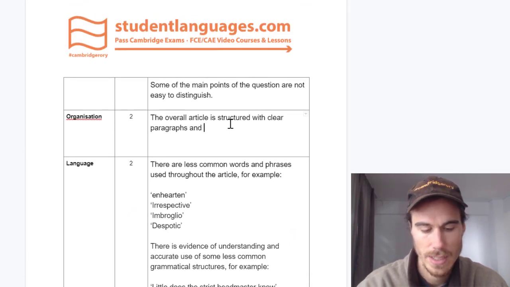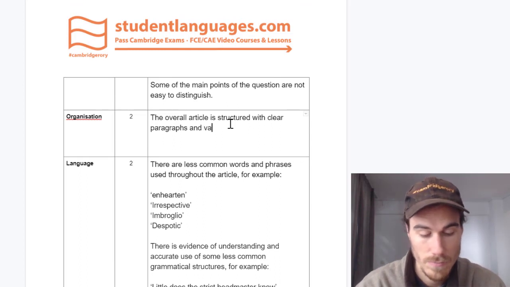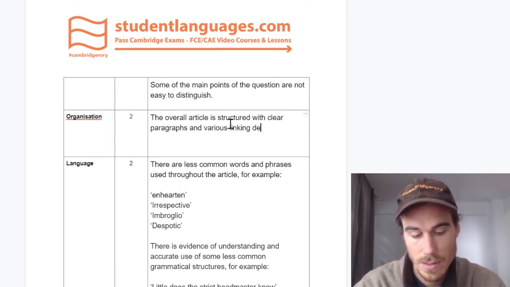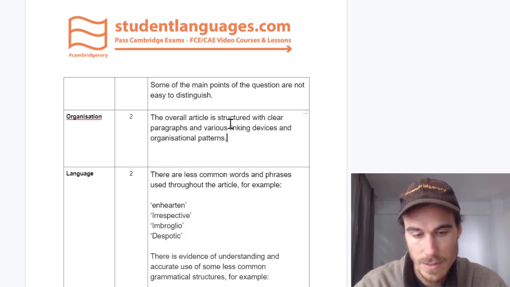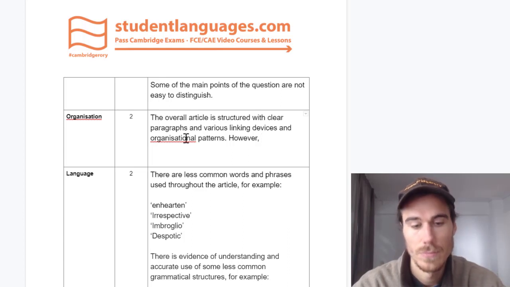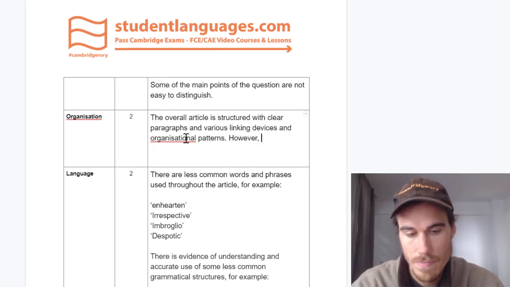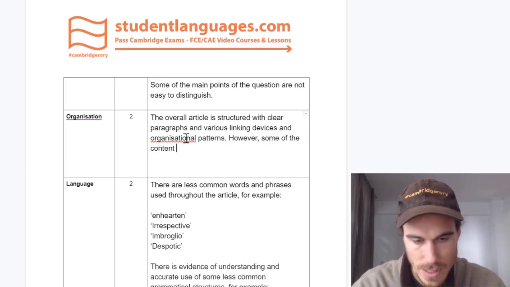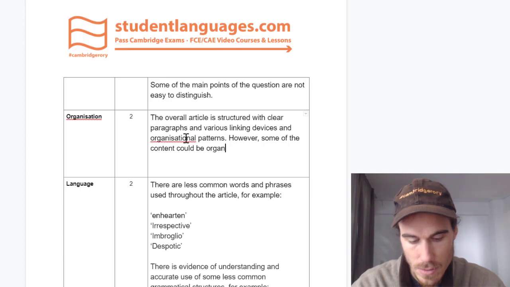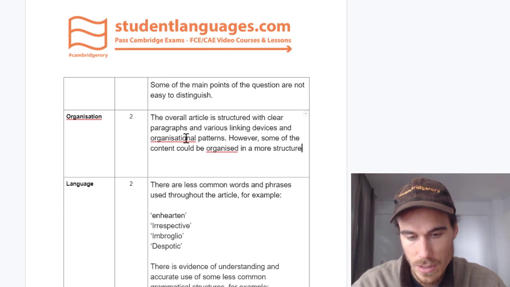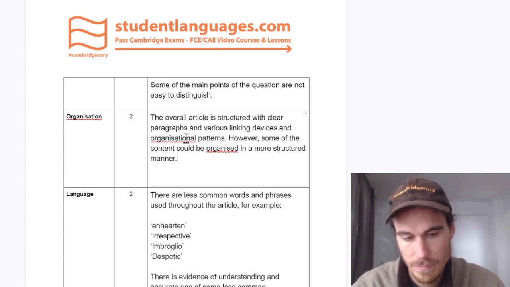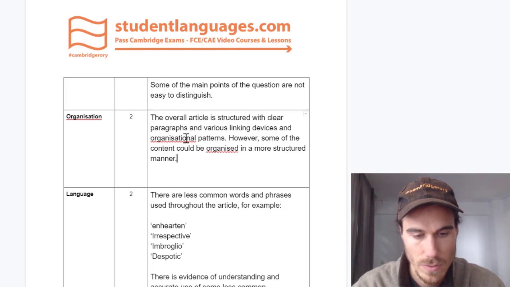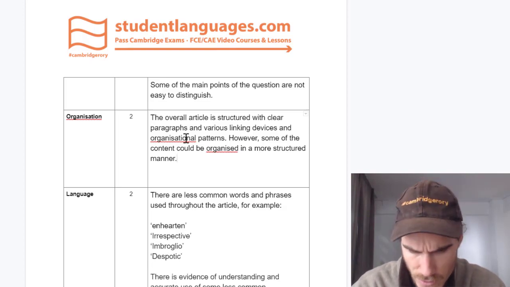With clear paragraphs and various linking devices and organizational patterns. However, some of the content could be organized in a more structured manner, I think. Clear ideas: one paragraph, one idea; another paragraph, another idea.